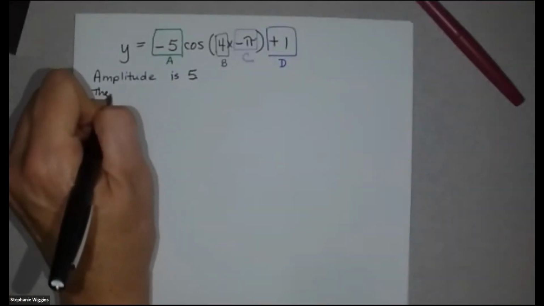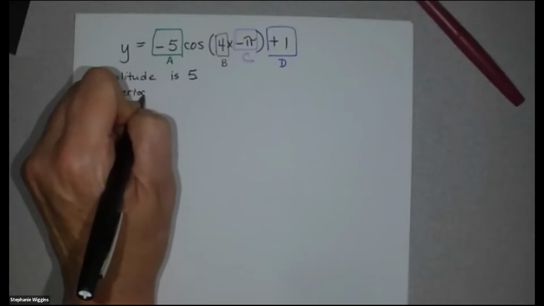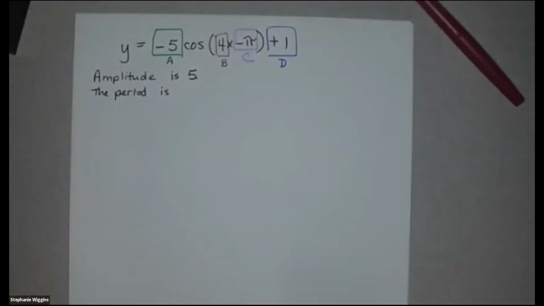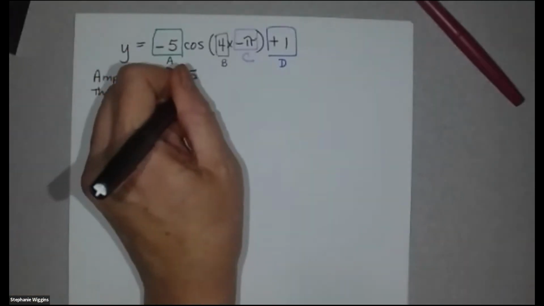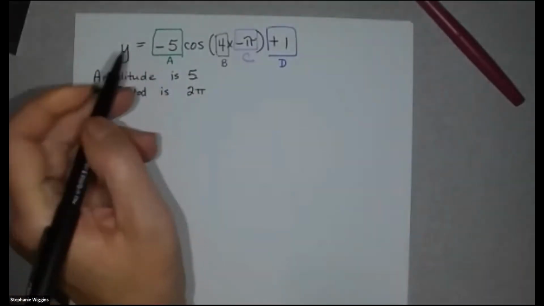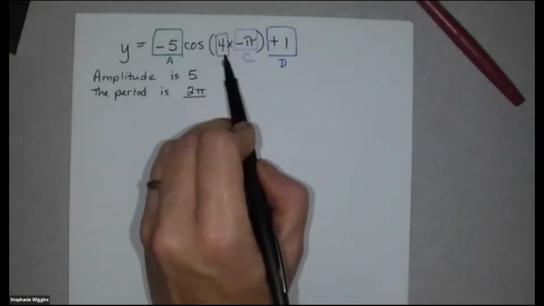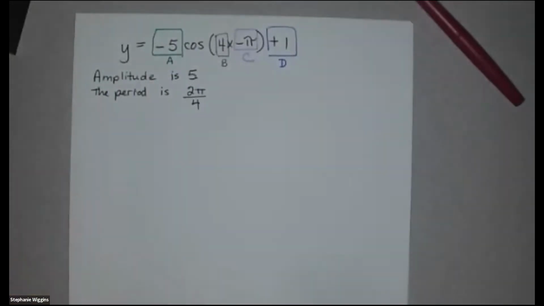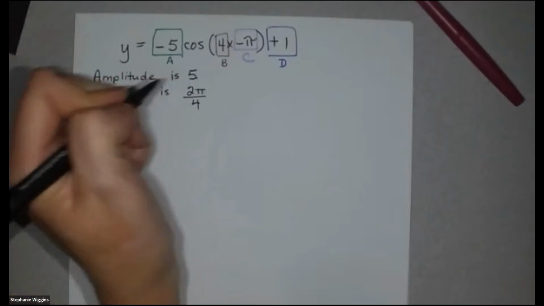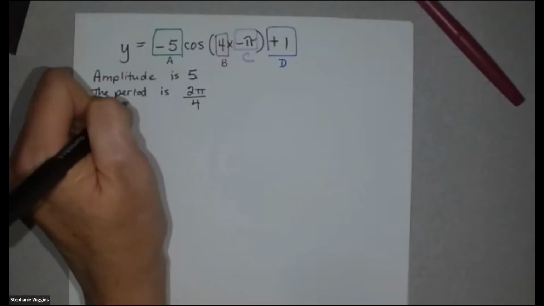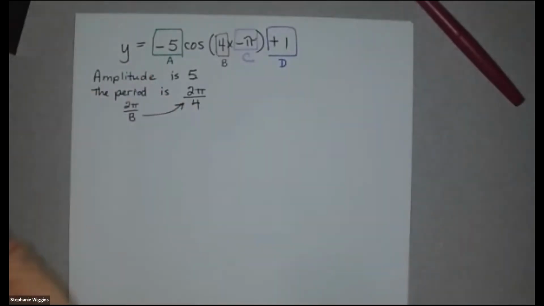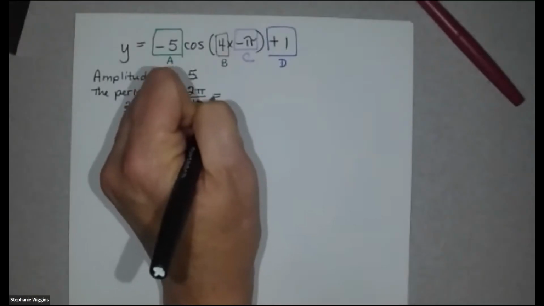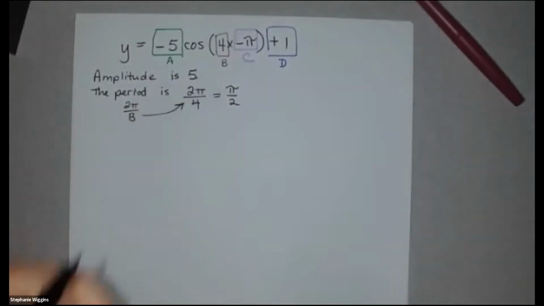The period is, first off, cosine has a period of 2 pi, so I know that's going to be 2 pi, but then I have to divide it by my B value, which in this case is 4. And so that is equal to pi over 2. That's my period.